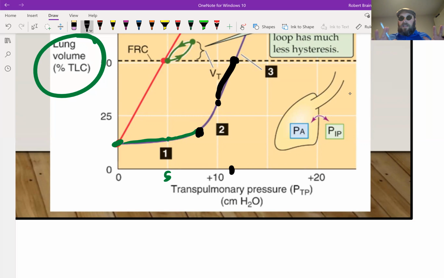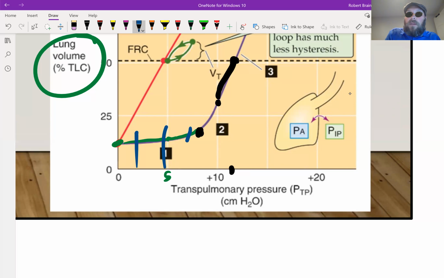So all that to say is, remember what hysteresis is. It's when the physical property lags behind the changes that are causing it, right? We're increasing transpulmonary pressure, okay? From 0 to 3, nothing happens. From 3 to 5, still nothing happens. From 5 to 7, really nothing happens, but we're steadily increasing pressure, right?